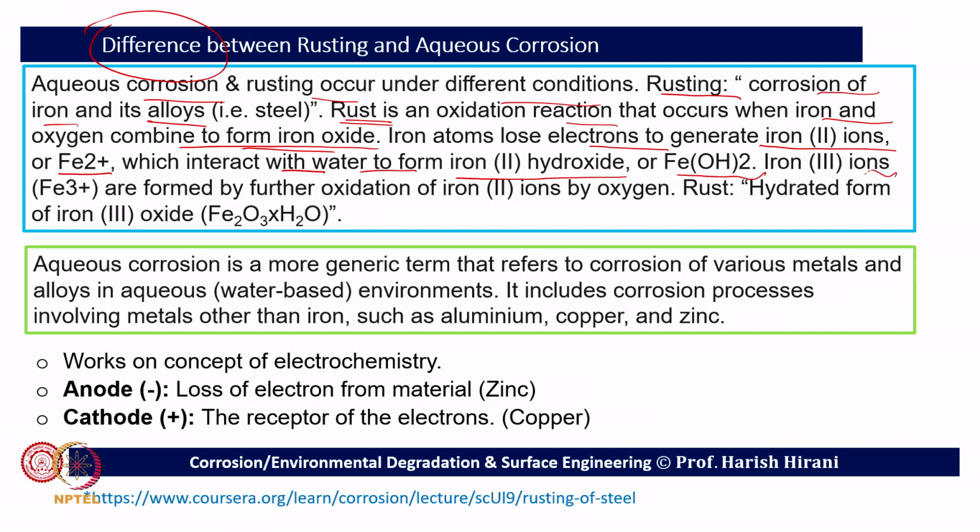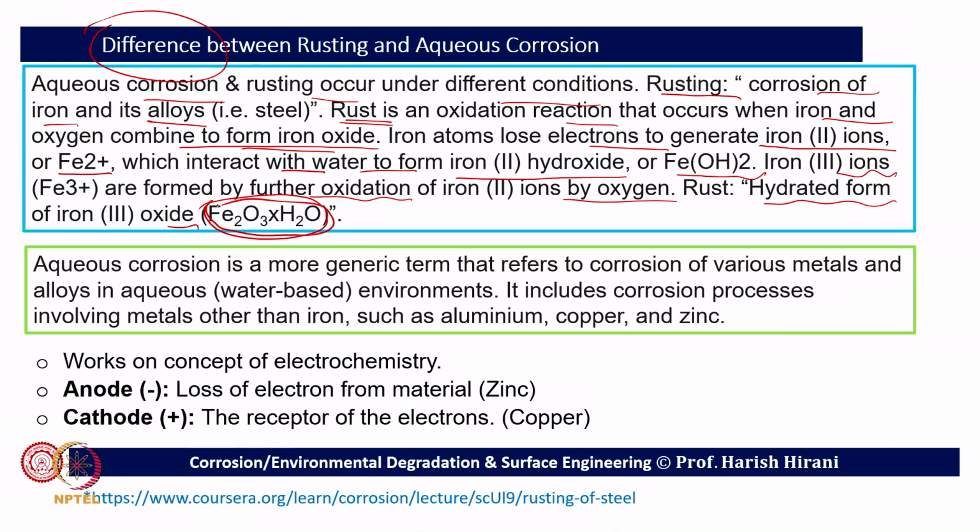Another thing is that iron 3 ions are also formed, because of oxidation of iron by oxygen. So, one is interaction with the water, and the other is interaction with the oxygen. If you break either of these, rust will not be there as such, but because of these two, we see that it is a hydrated form of iron. So, this is a form of the rust.